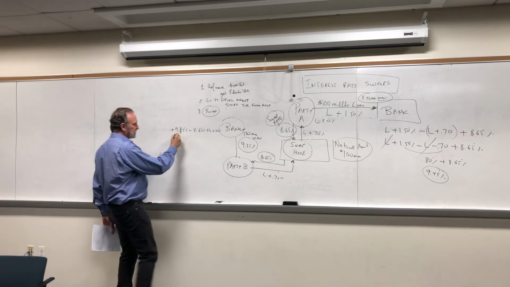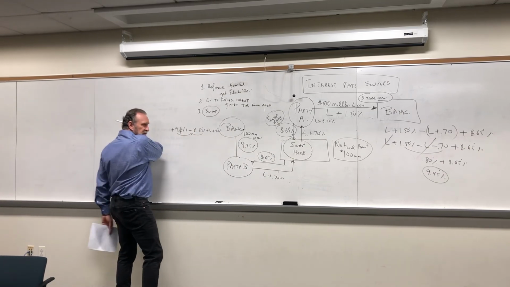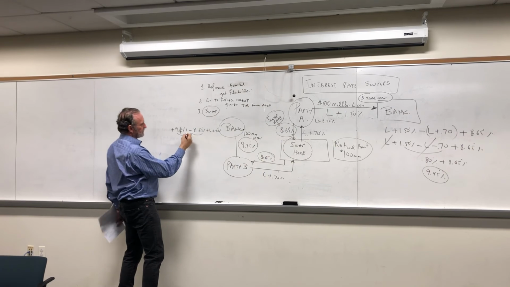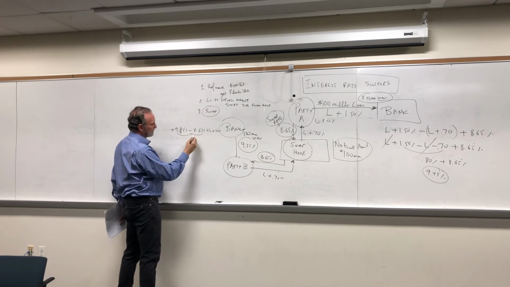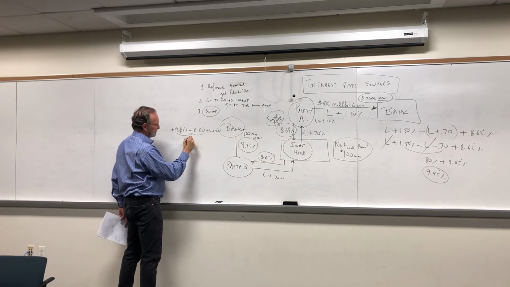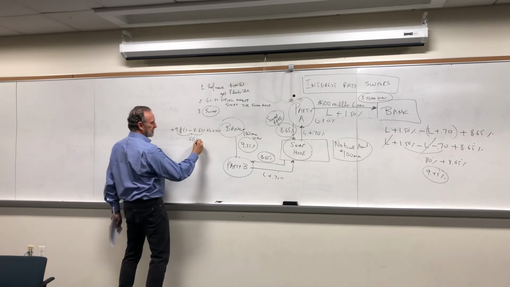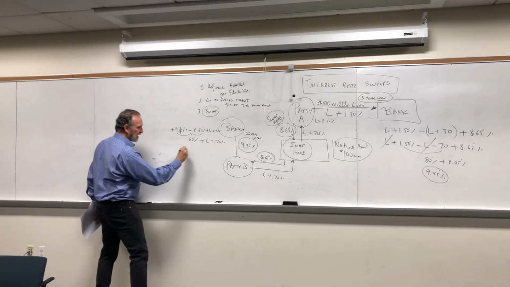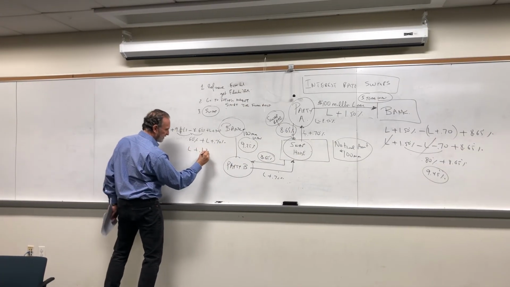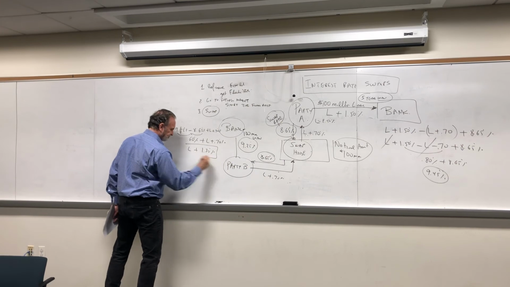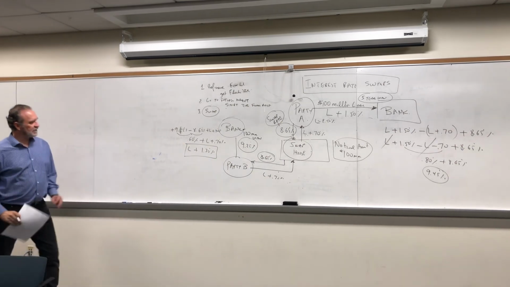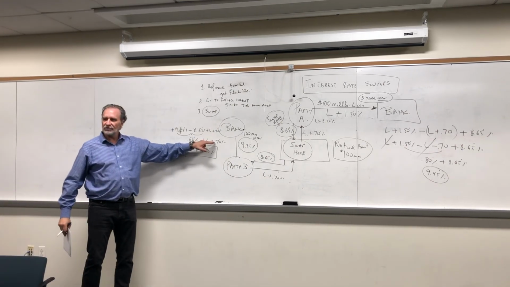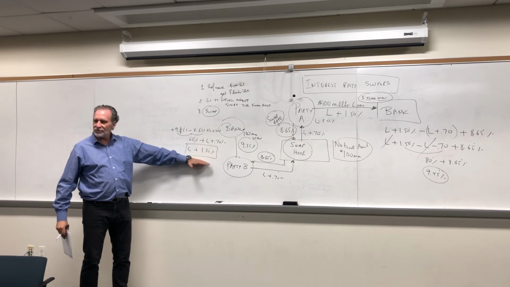So if you do the calculation, this is 35 plus 25. We're talking about 60 basis points, 0.6% plus LIBOR plus 0.7. So now it's LIBOR plus 1.3%. See that? So what happens now, they took care of it.